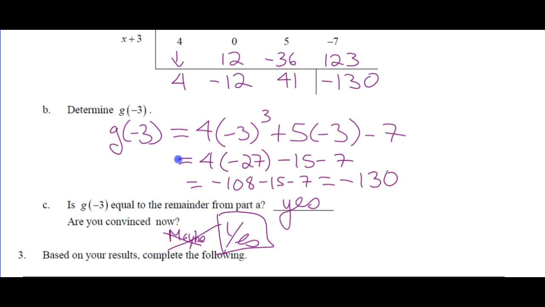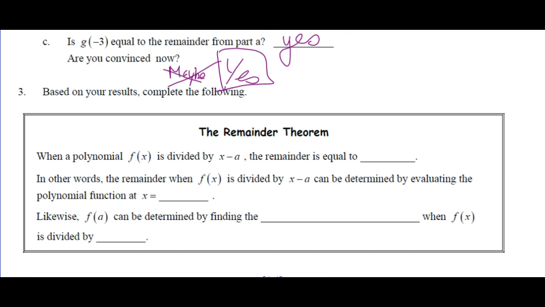Based on your result, complete the following. So this is the remainder theorem, right? And we don't prove theorems usually, we just use them. So we looked at it and said, hey, that's interesting, and it seems to be a thing. So when a polynomial f of x is divided by x minus a, the remainder is equal to what? Well, it's not equal to a, so we have two examples.